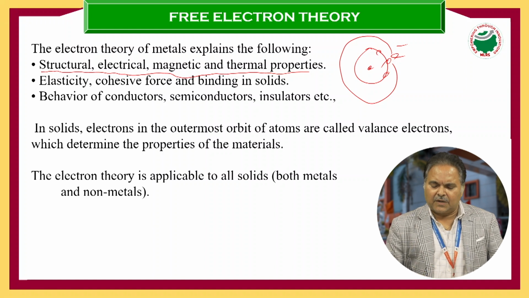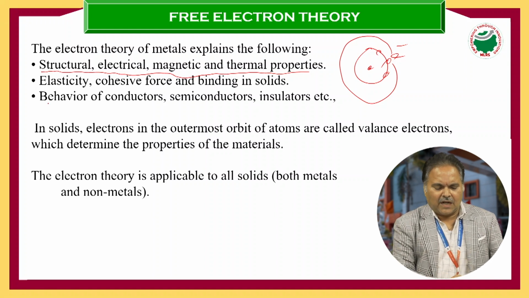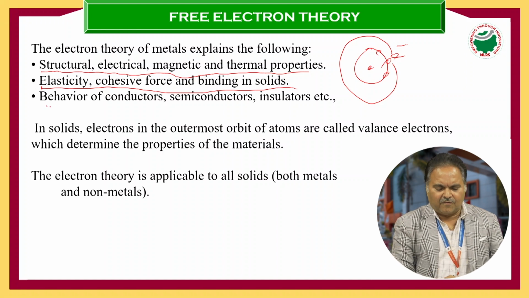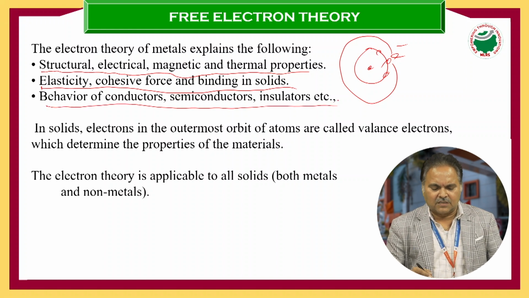All these properties depend majorly on the valence electrons, the outermost shell. How many electrons are there, the properties will change depending on those electrons. Similarly, elasticity and coercive force, and binding in solids, are all explained according to this free electron theory. The behavior of conductors, semiconductors and insulators is also explained according to free electron theory.